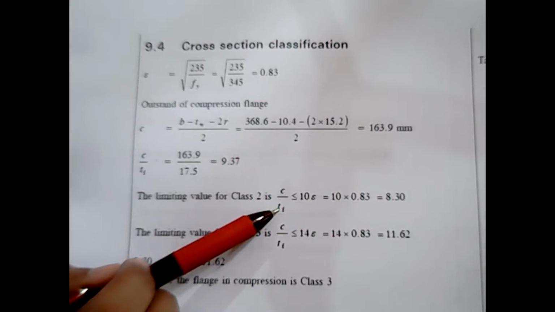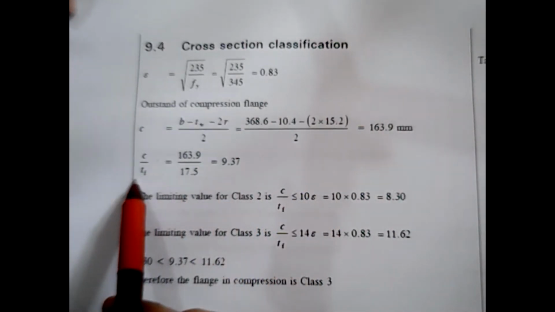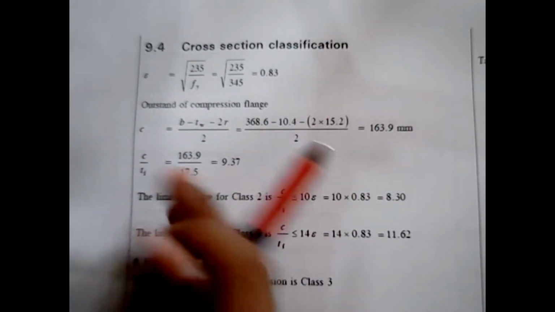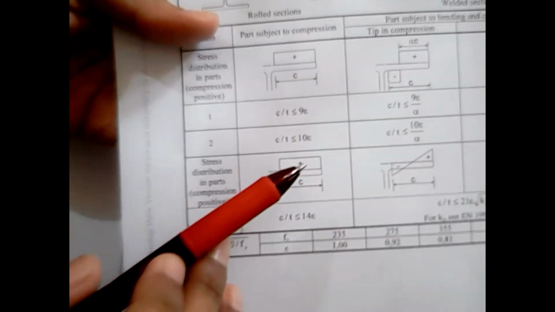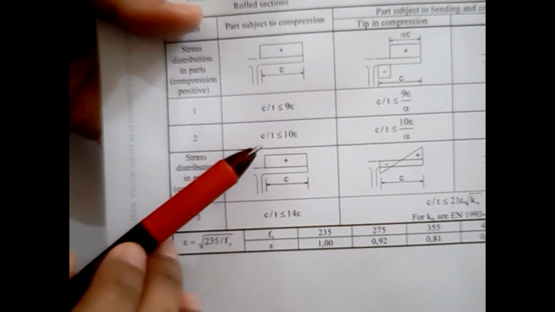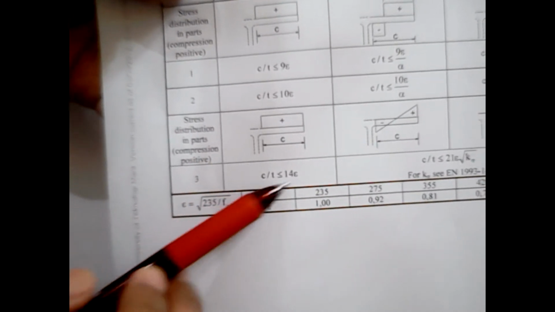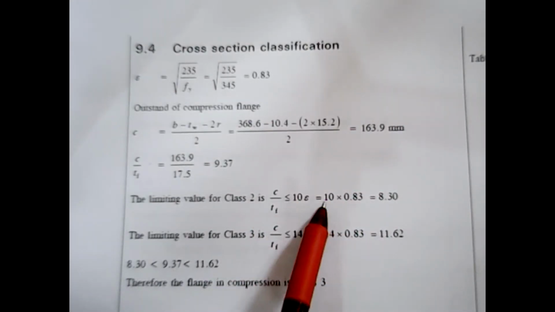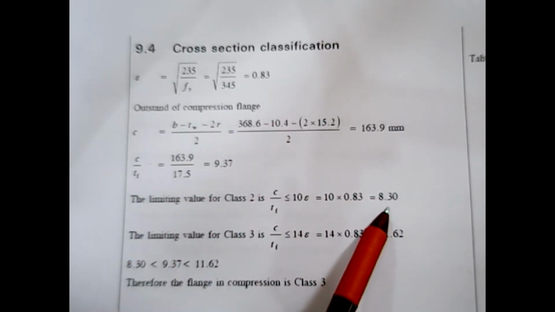In this particular case, for the outstand flange, once you calculate, you get c over tf equal to 9.37. You need to check whether c over tf is less than 9ε, or less than 10ε, or in between, up to 14ε. Checking c over tf less than 10ε, where ε is 0.83, gives 8.3.